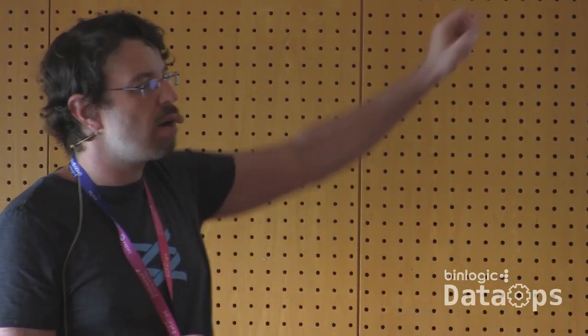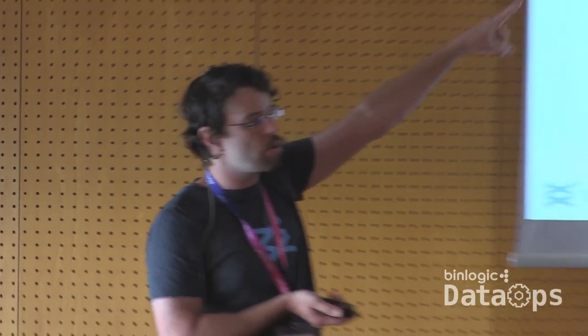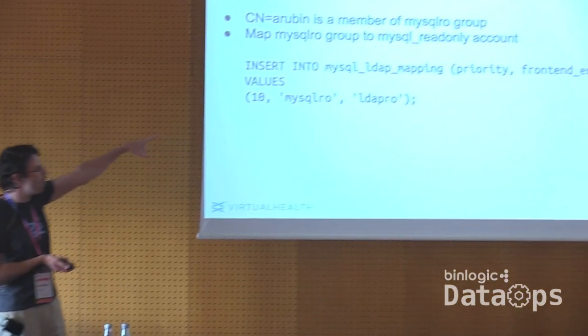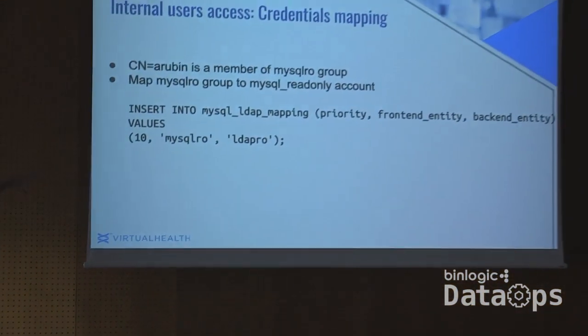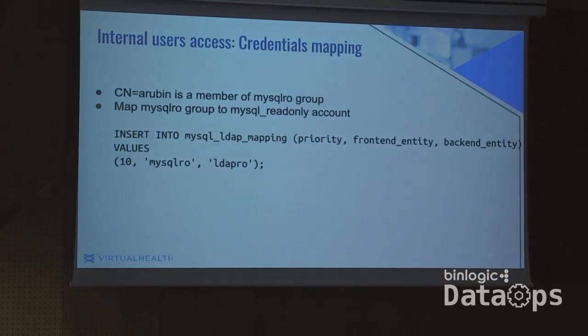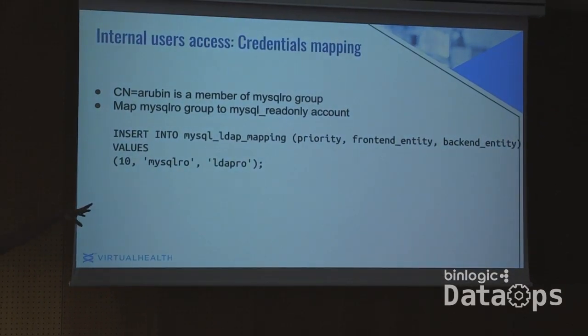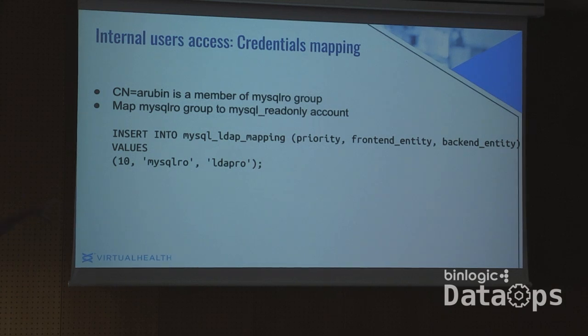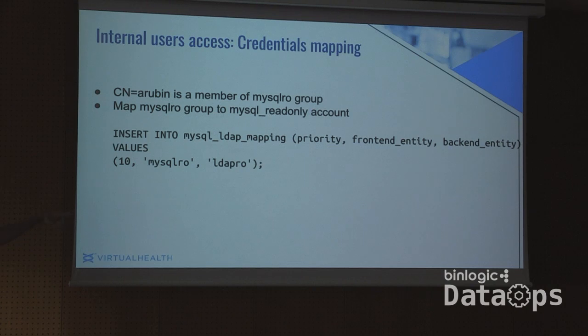If I want to add John to MySQL, inside of the LDAP I will assign the group to John. Then inside of ProxySQL, I will use this table, mysql_ldap_mapping, to map the group to the user. So currently, this is LDAP RO, and LDAP RO is the MySQL user.